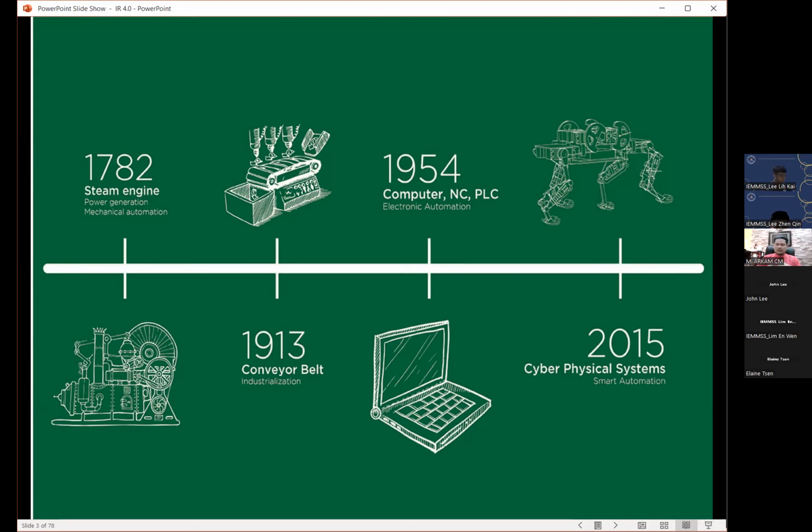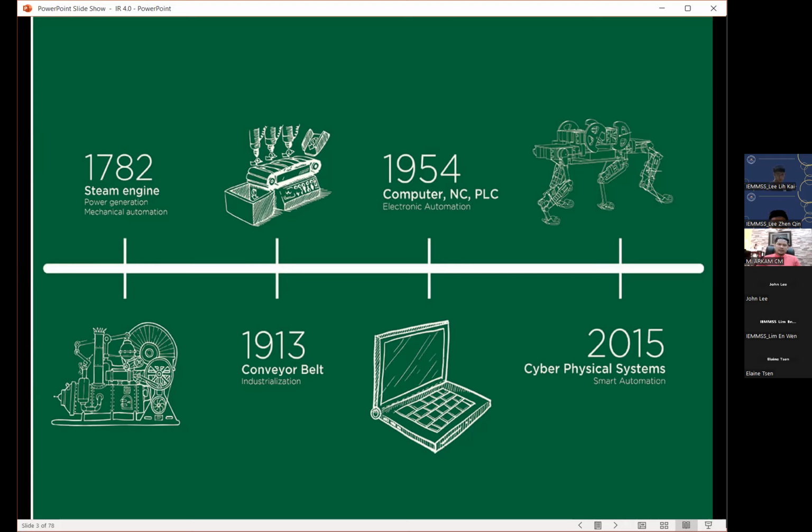Later on in 1913, the conveyor belt, where our assembly line, became another industrial revolution for that era, 2.0, where the assembly line required this kind of conveyor belt to improve the efficiency of manufacturing production.